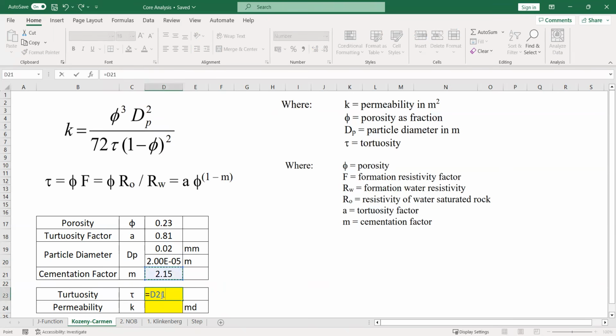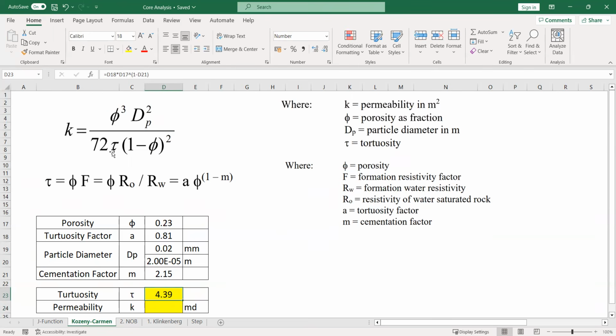So a, the tortuosity factor, multiplied by the porosity, 0.23, powered by 1 minus the cementation factor. All right, so this is the value, 4.39.